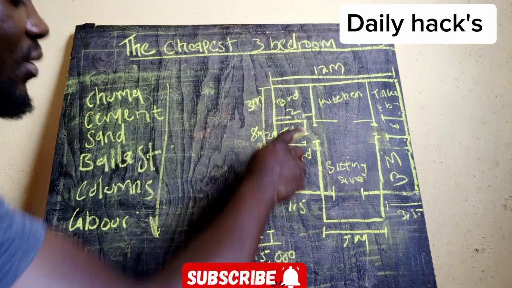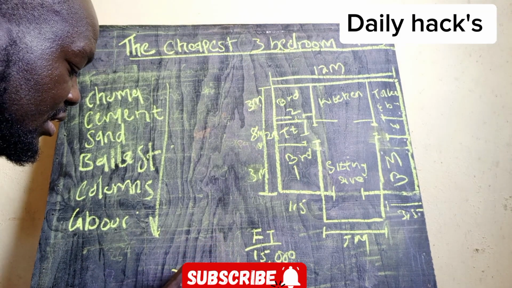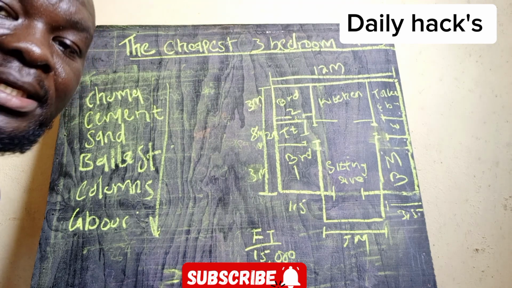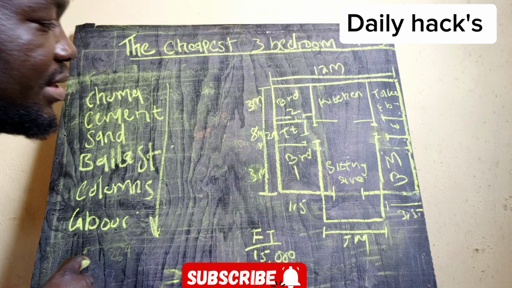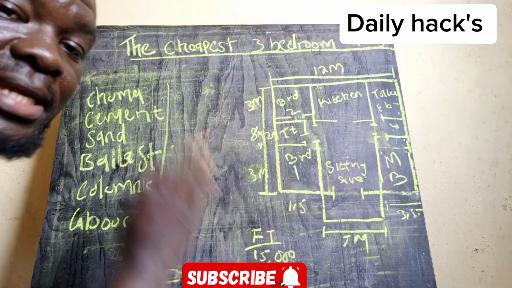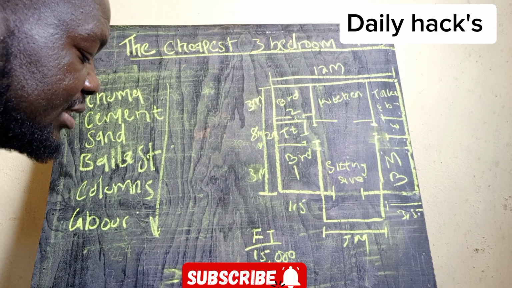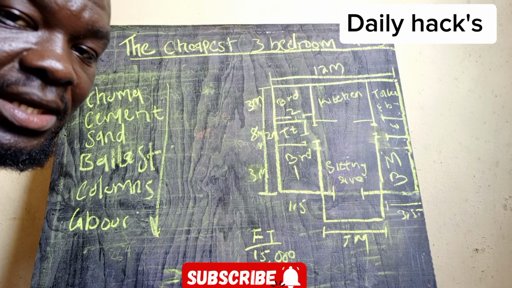So the chumas here, we got 88 meters. The footings in meters is 88 meters. So for you to get the estimation of the chumas, you will do 88 by 3.